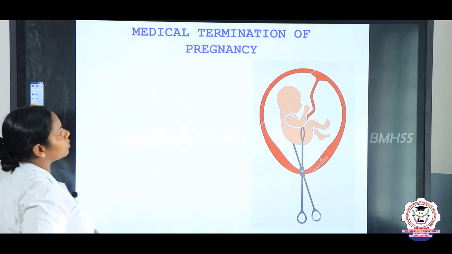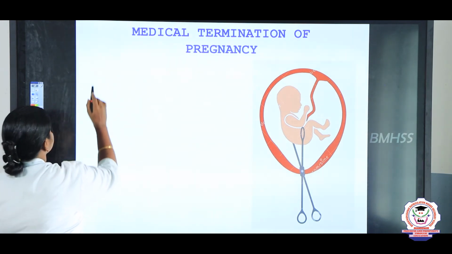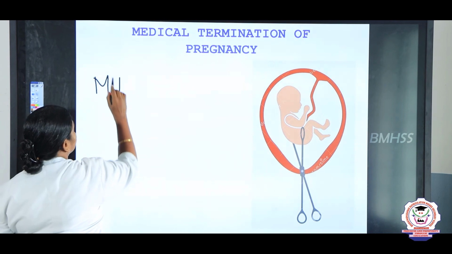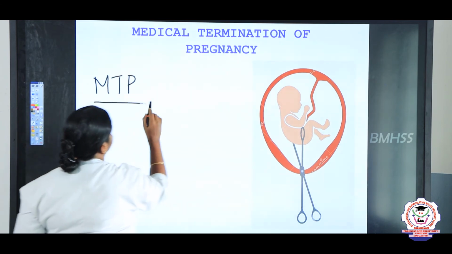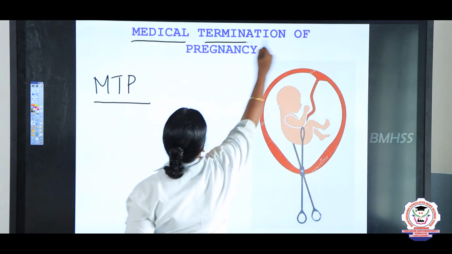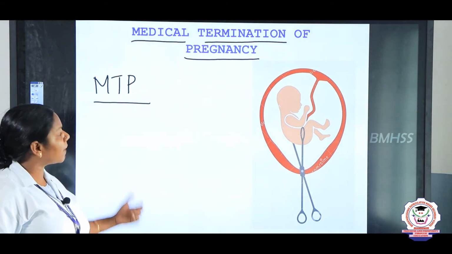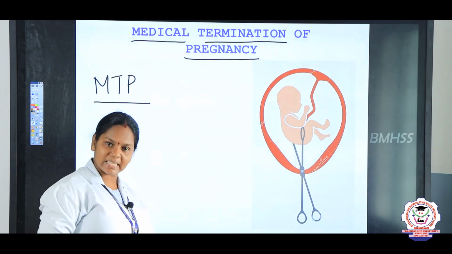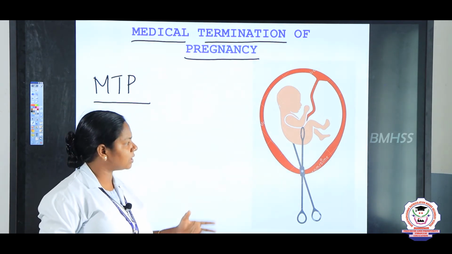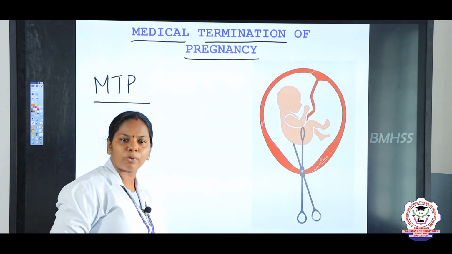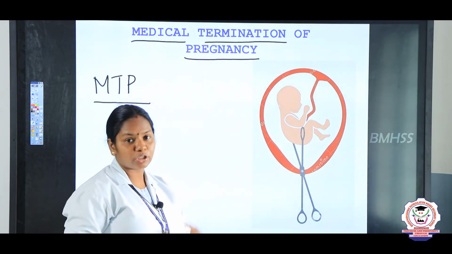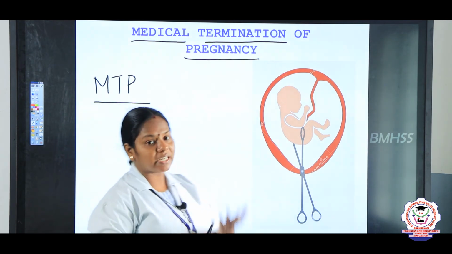And the last one is about MTP. What is MTP, children? MTP is medical termination of pregnancy. Abortion is illegal, children, right? But due to some medical necessities, for example, the child may have a genetic problem, or it may affect the health of the mother, or it may cause the death of the mother.